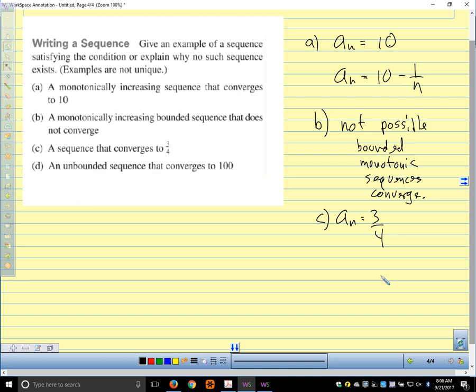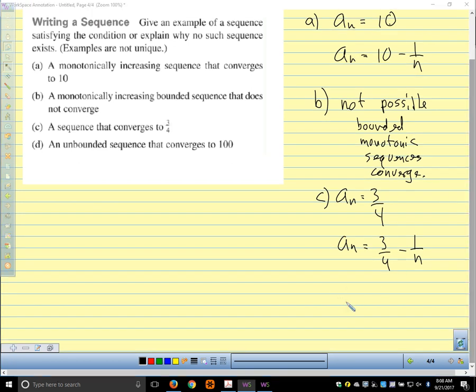Can we come up with a more interesting one? Okay, we could say a sub n equals 3/4 minus 1 over n. How about an even more interesting one? Let me give you a hint.